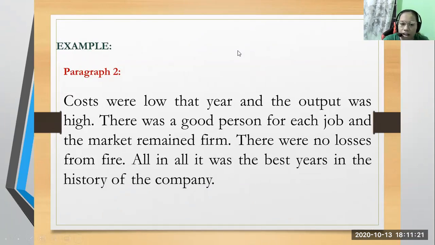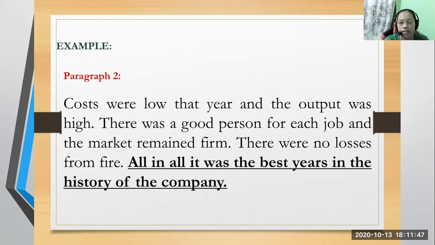Again, figure out what is the topic in the paragraph. And then ask yourself, what does the author say about that topic? Okay, you can write your answer on any sheet of paper that you have at the moment so that you can check whether you are correct or wrong.